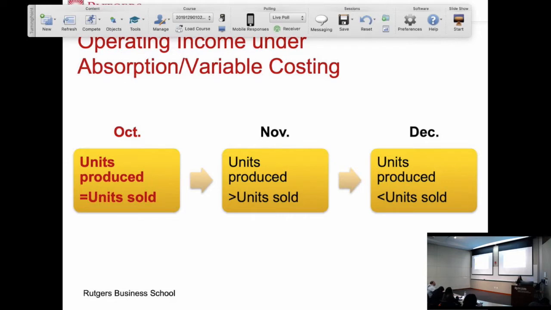So who can tell us what happened to the operating income under the first situation, where the units produced are equal to the units sold? Is the operating income from absorption costing equal to, greater than, or smaller than the operating income from variable costing? What's the relationship? Yes, they're the same, right? Do you guys still remember?